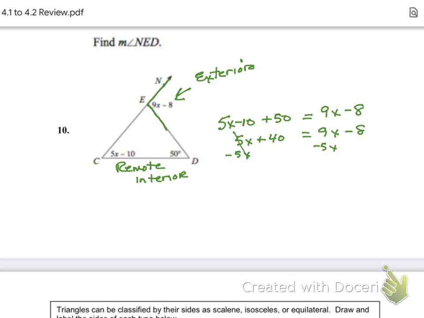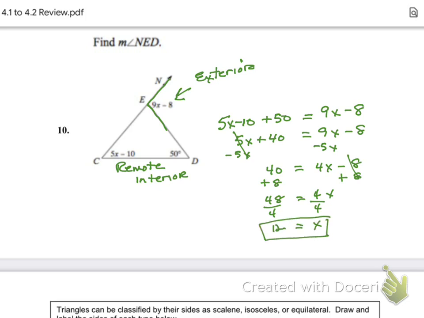This is gone when I subtract it. 40 equals 9x minus 5x is 4x minus 8. Add 8 to both sides. 48, that's gone, equals 4 times x. Divide by 4, divide by 4, x equals 12.